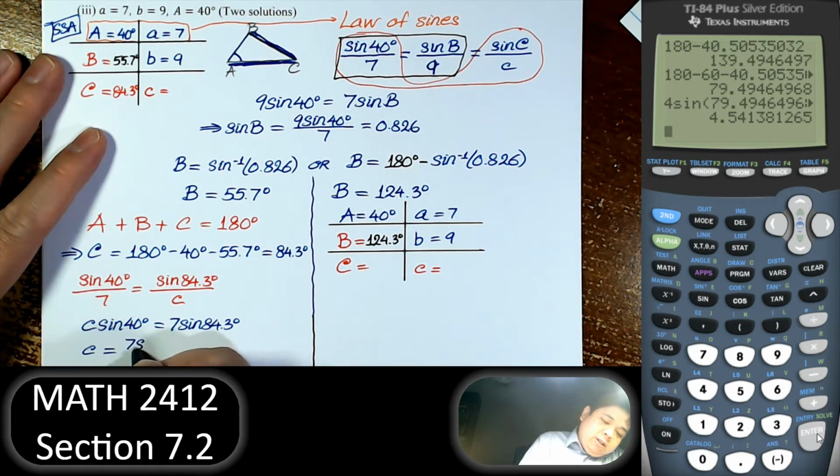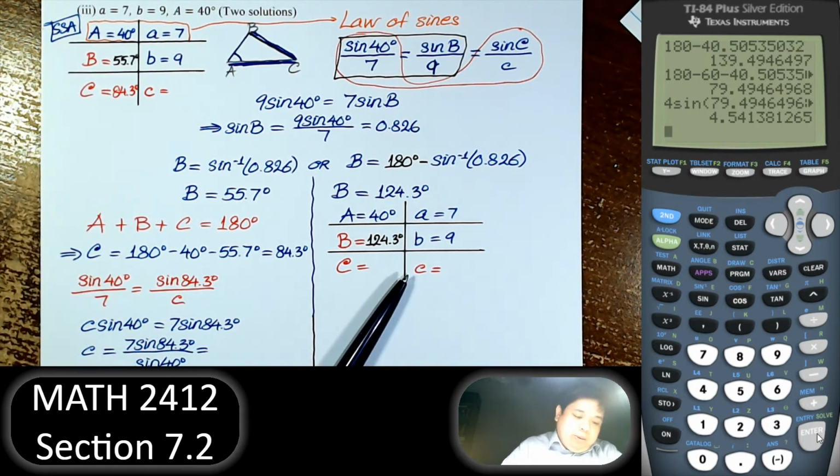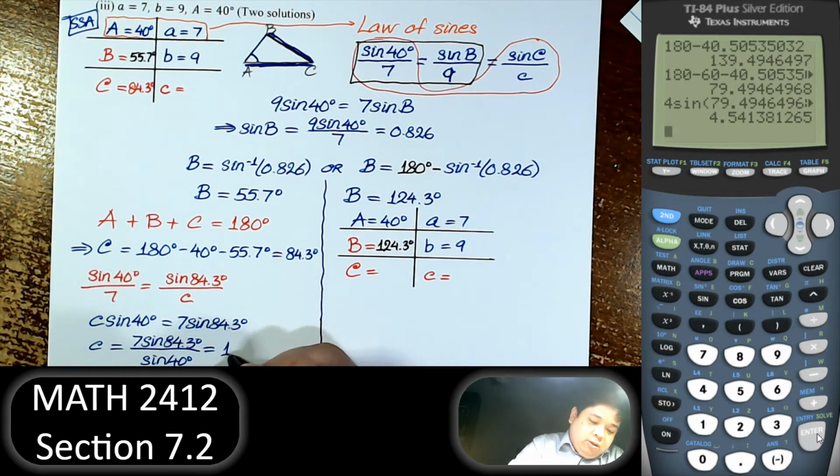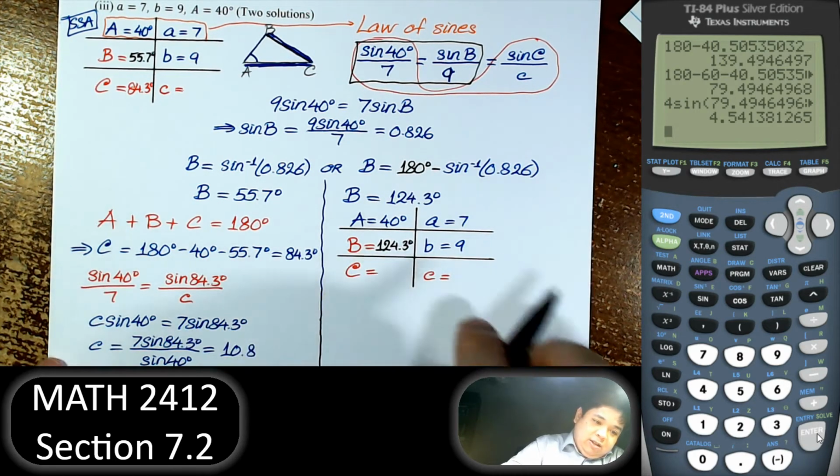So c equals 7 sine of 84.3 degrees over sine of 40 degrees. Once again, I'm not going to use 84.3, I use the whole bunch of decimal places. Divide by sine of 40 degrees. We have 10.8.